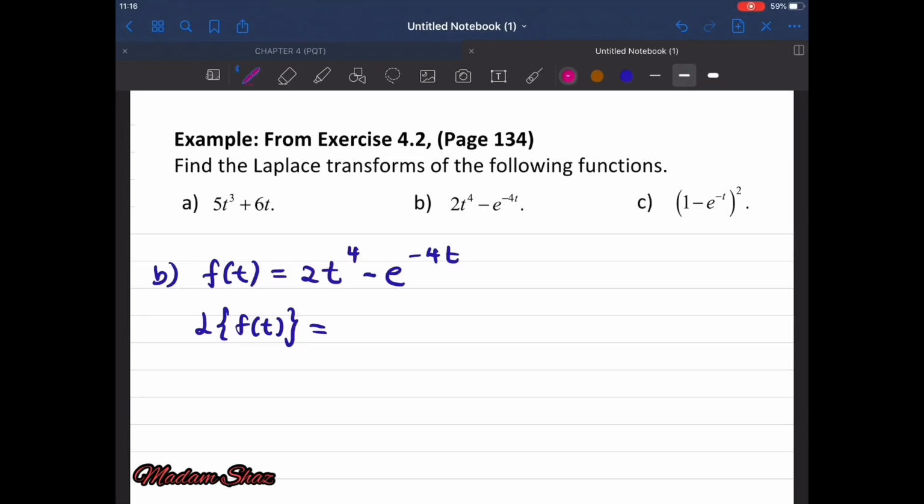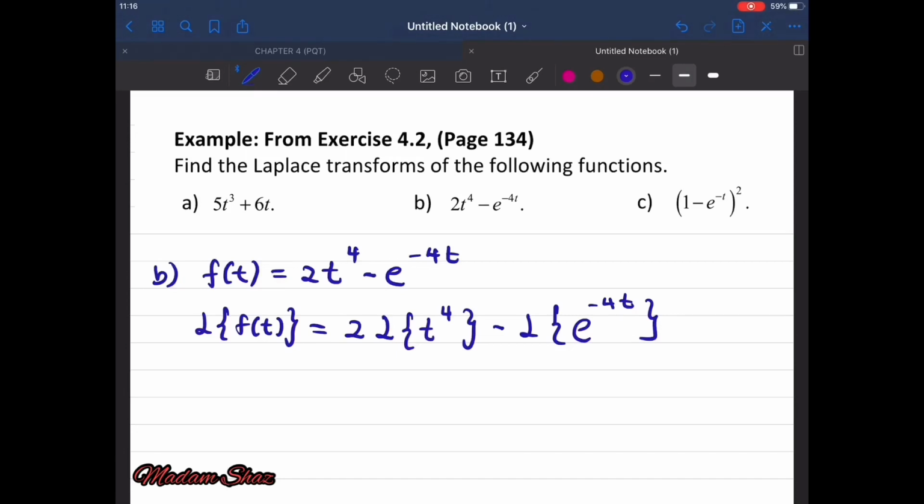So we can directly write 2 at the outside, Laplace of t to the power of 4, minus. For the second one here, you don't have any constant that you can bring to the outside, so there is no constant at the outside, minus Laplace of e to the power of negative 4t.